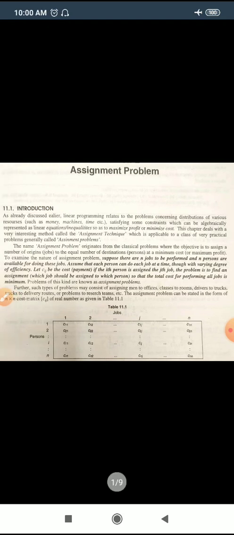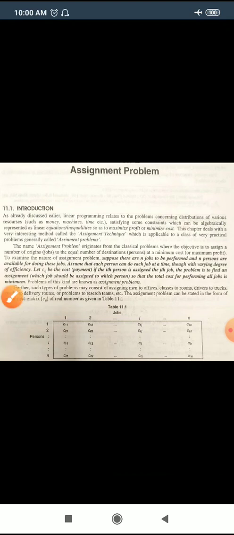In an assignment problem there are n jobs to be performed and n persons available for doing these jobs. Assume that each person can do each job, though with varying degrees of efficiency.